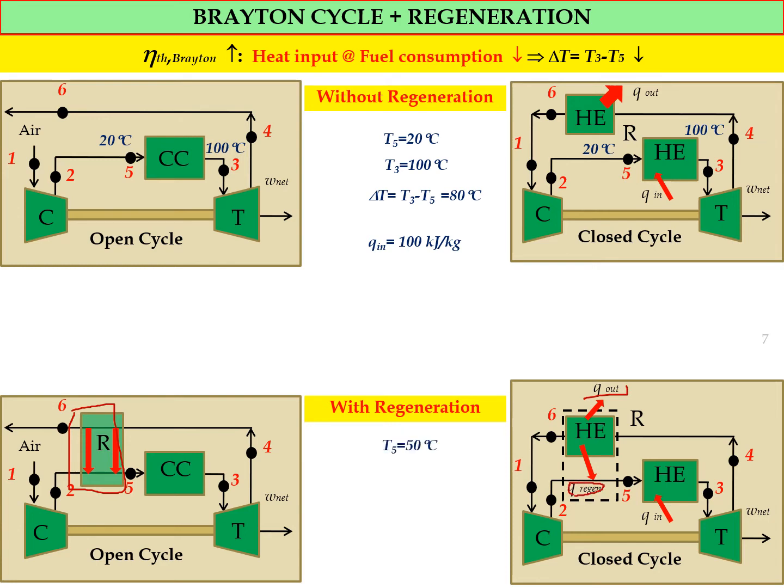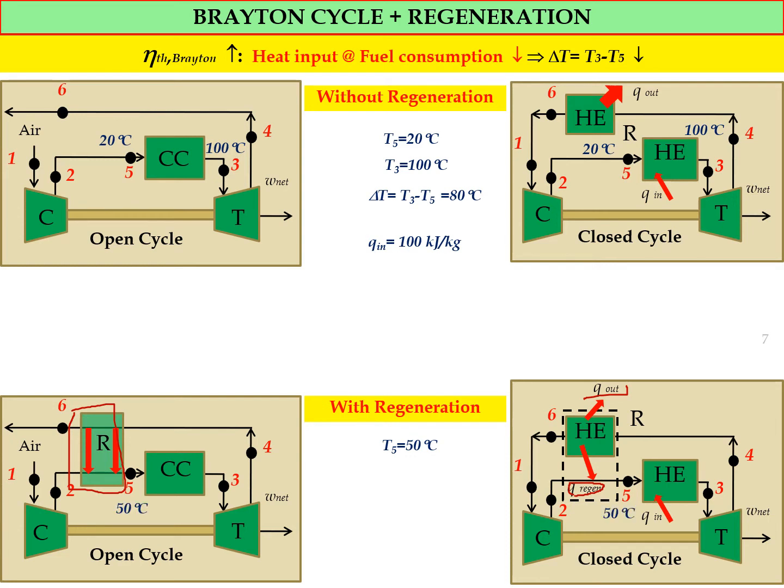Since we have the regeneration, the temperature at state 2, which was previously 20 degrees Celsius, now has preheat from the heat exchanger. We have Q regeneration from the exhaust air of the turbine. It increased the temperature at state 2 from 20 degrees Celsius to 50 degrees Celsius.